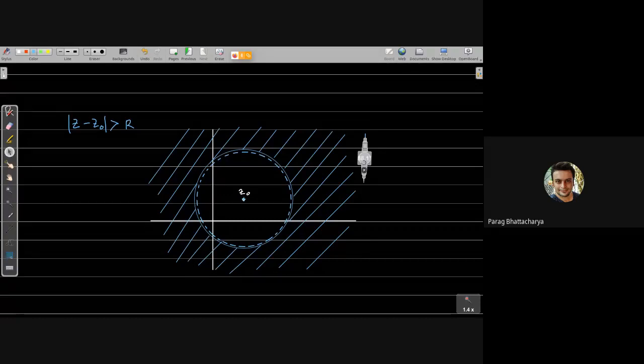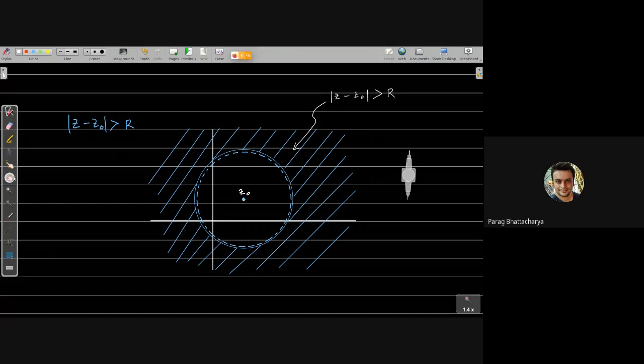This is your |Z minus Z naught| greater than R. So this is the region, and that's the difference.